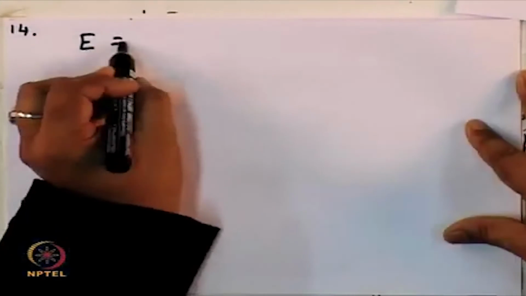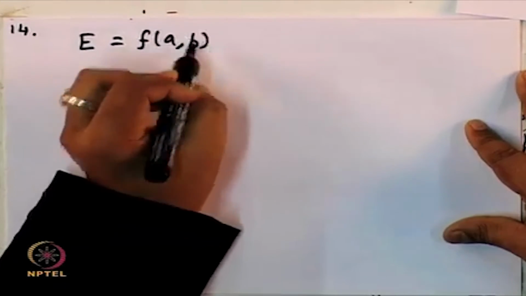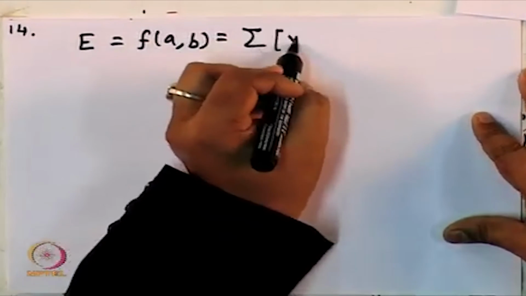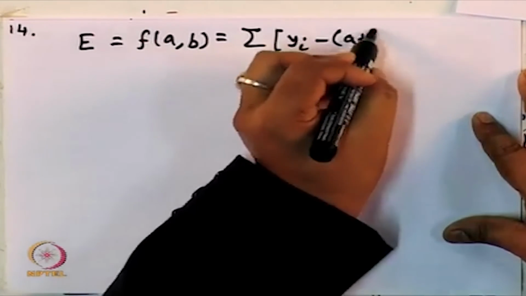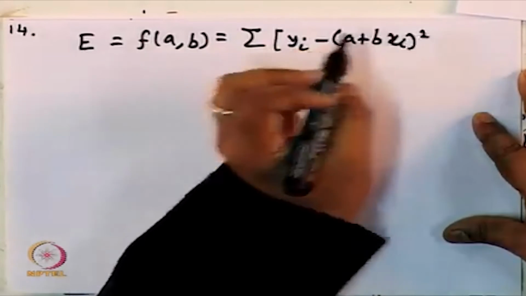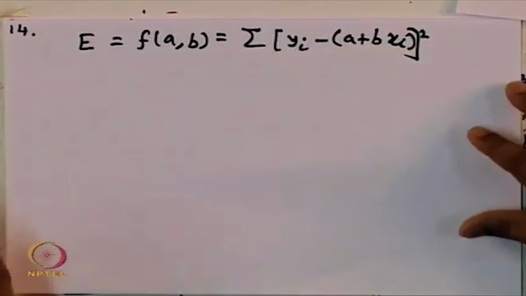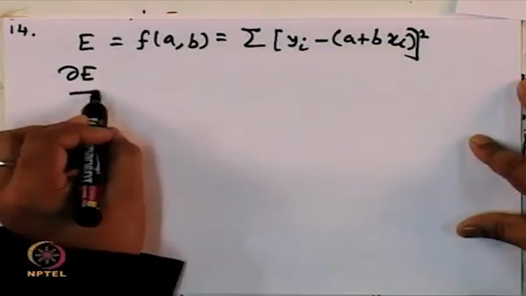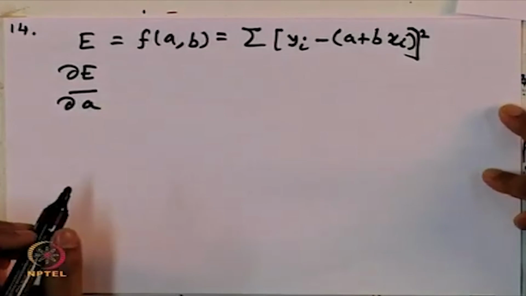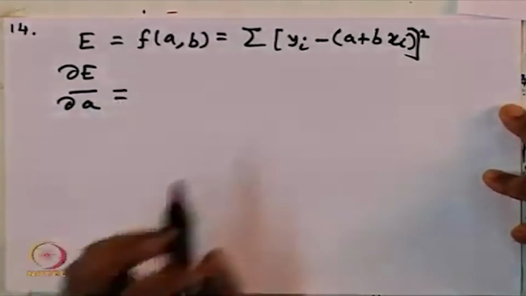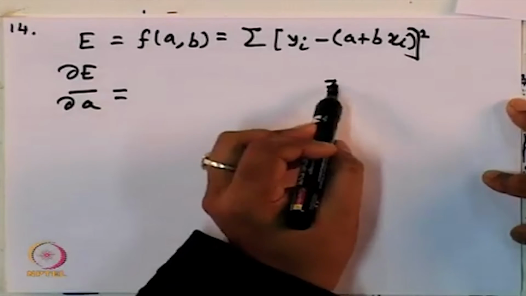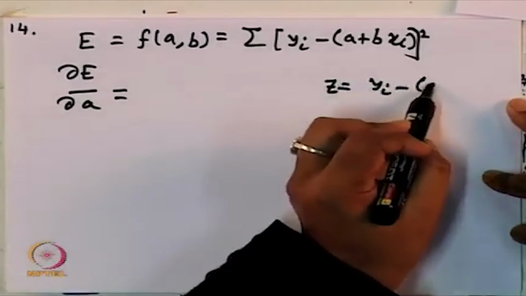Okay. So, now coming back to the problem, okay, I have two equations. My error is equal to f of a comma b, okay. So, let me find out the partial derivative with respect to a. Okay. So, let us say if I were to say z is equal to yi minus a plus bxi.